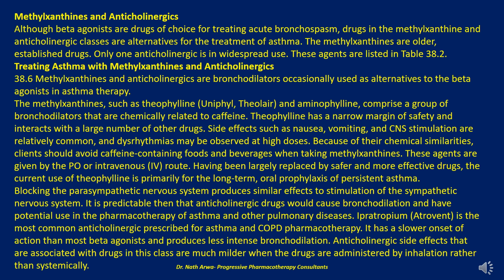Theophylline has a narrow margin of safety and interacts with a large number of other drugs. Side effects such as nausea, vomiting, and CNS stimulation are relatively common, and dysrhythmias may be observed at high doses. Because of their chemical similarities, clients should avoid caffeine-containing foods and beverages when taking methylxanthines.